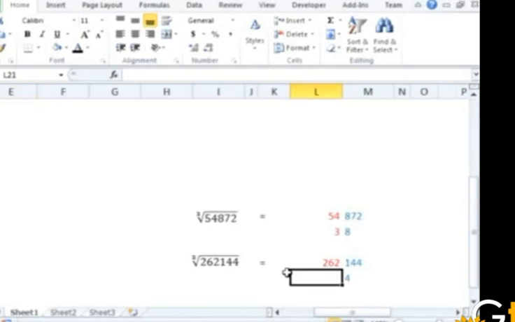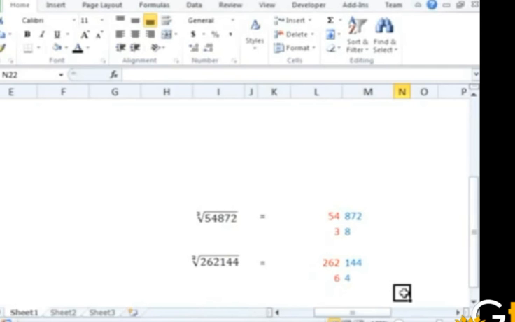On the left side I see 262. Before that, you have to see that 4 cube is 4 into 4 into 4, right? 4 into 4 is 16 and 16 into 4 is 64.